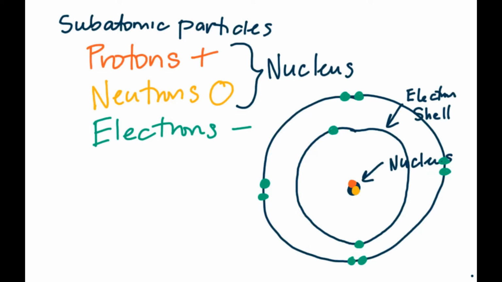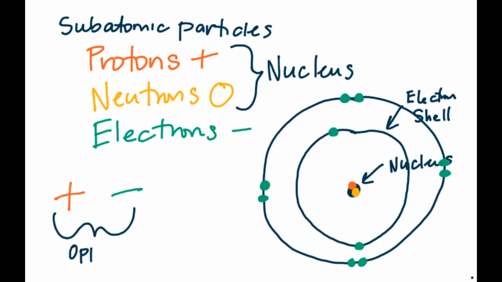Now, I want you to look at protons and electrons. So protons are positive, electrons are negative. And in these situations, these are going to be attracted to each other. So opposite charges, okay, so positive and negative are attracted to each other.